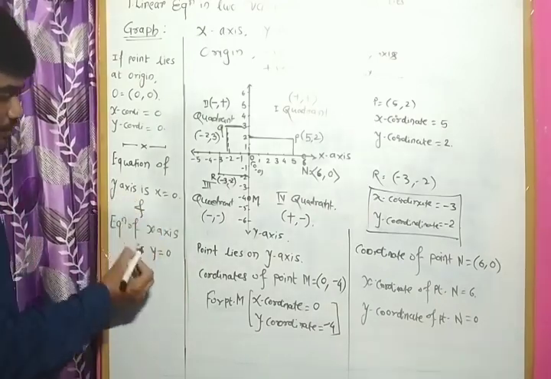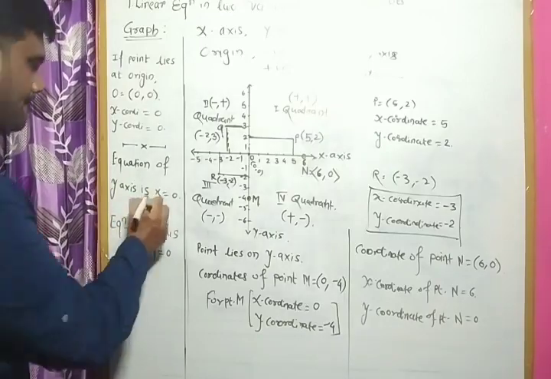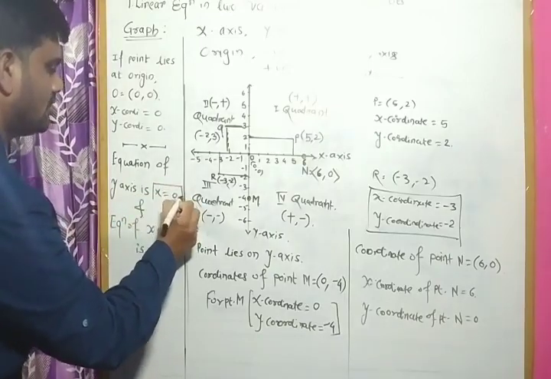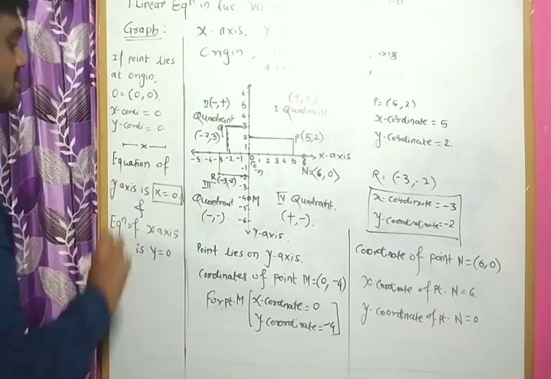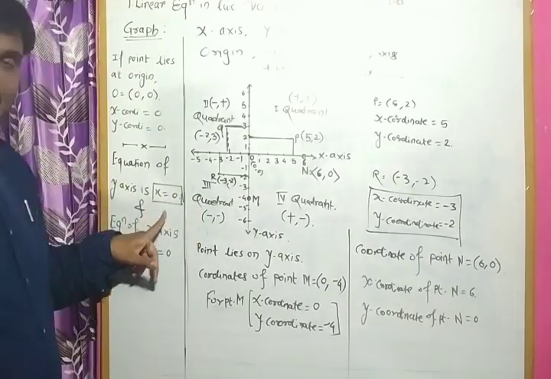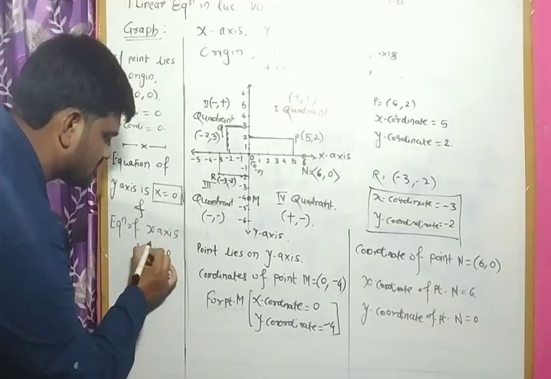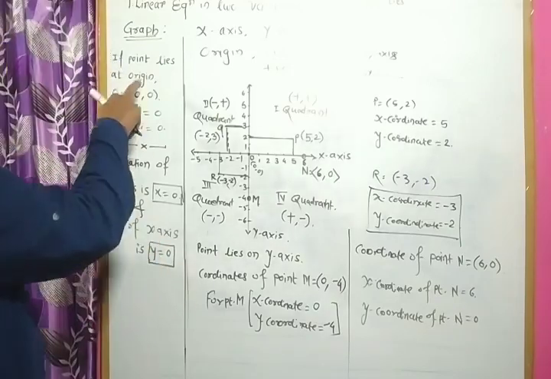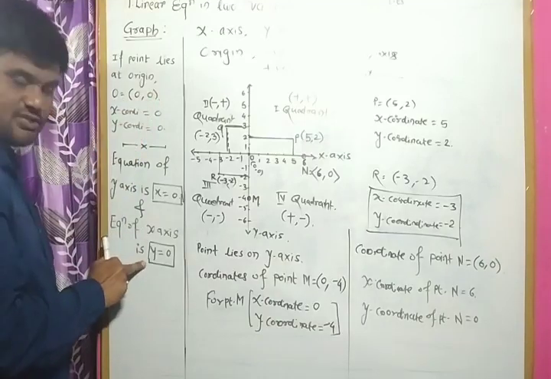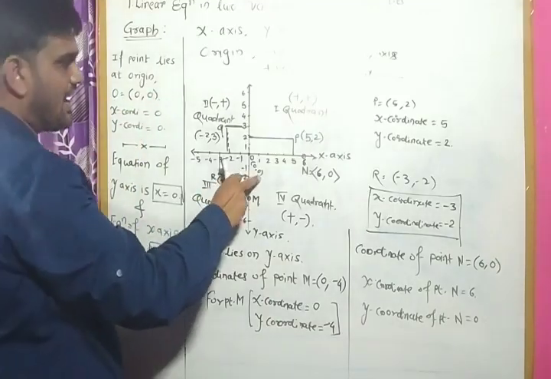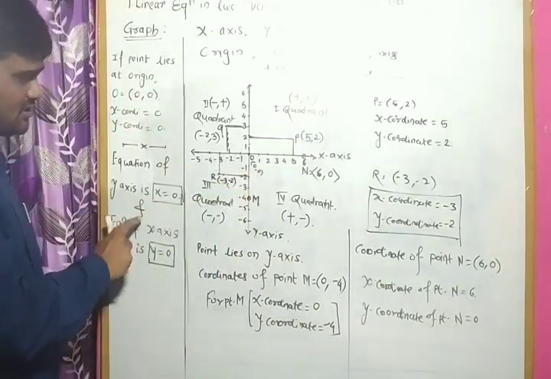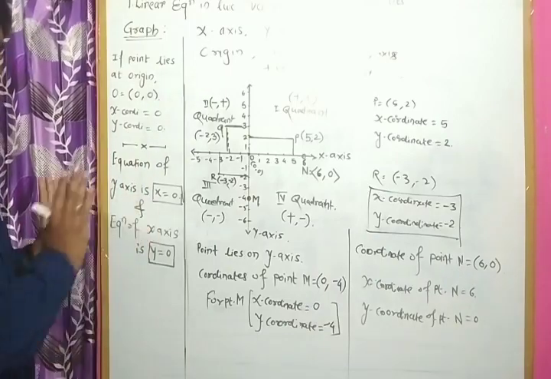These both are important points and you have to remember this. So you get this from the origin, that is, the point 0, 0.